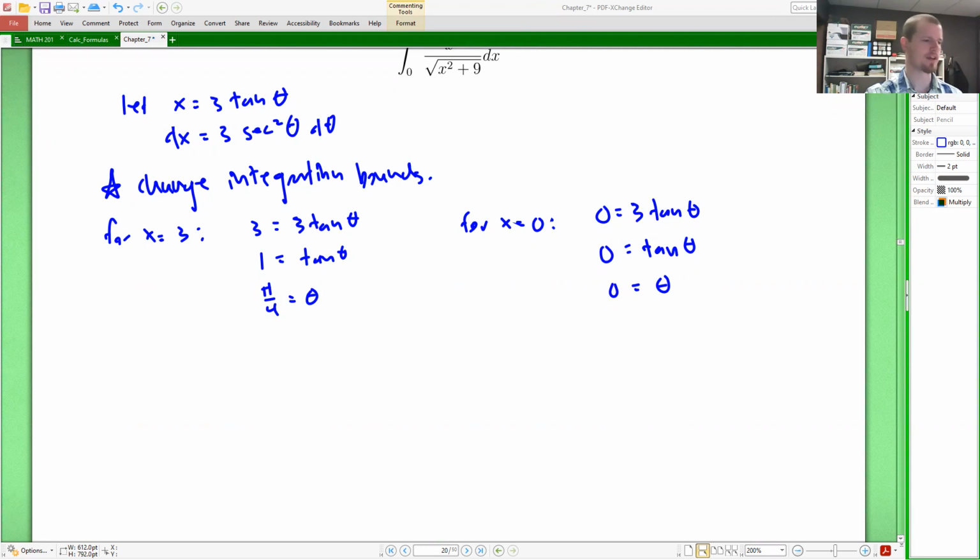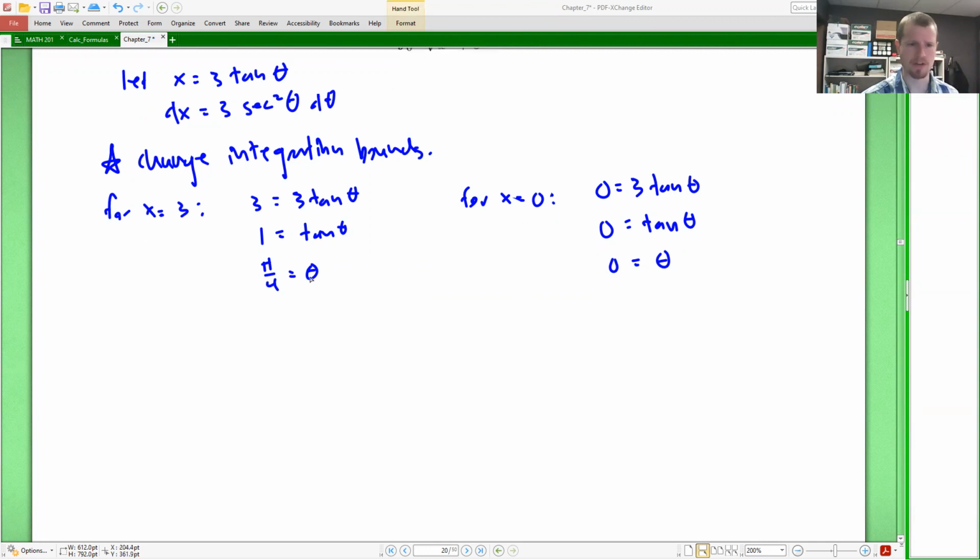So what we do is we say theta can be between 0 and pi over 2 or pi and 3 pi over 2. These are some details that, if we understand the domains of these functions, should be pretty clear. But for now, if you don't want to dig into that, that's absolutely fine. Certainly these values are good for us. But this gives us our change of integration bounds.